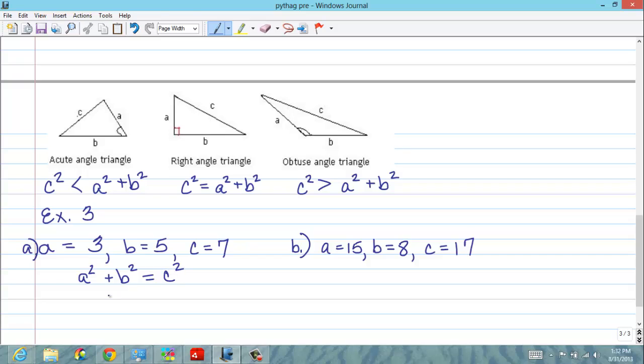And then we make our substitutions. I'm telling you which is a, b, and c, but even if I didn't, the largest number should always be c. So we'll say 3 squared plus 5 squared. The question is, will it equal 7 squared? Because we don't know, I'm going to put that question mark in there.